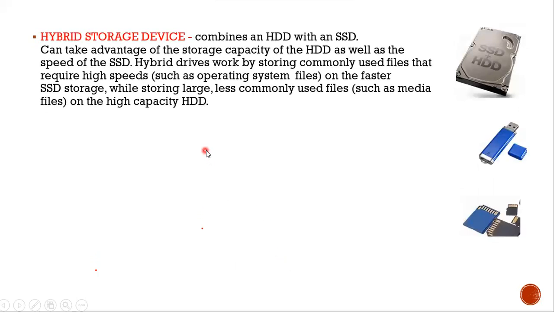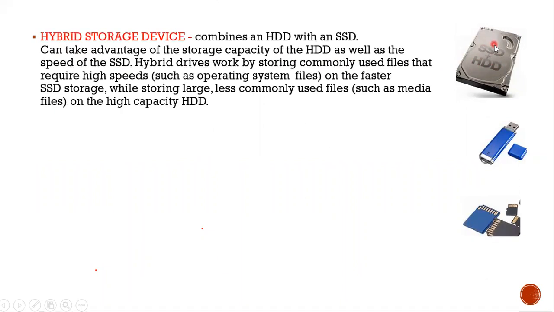We also have a hybrid storage device that combines a hard disk drive with a solid state drive. You can take advantage of the storage capacity of the hard disk drive as well as the speed of a solid state drive. Now, what this means is that hard disk drives come in larger sizes, so they have a larger storage capacity.